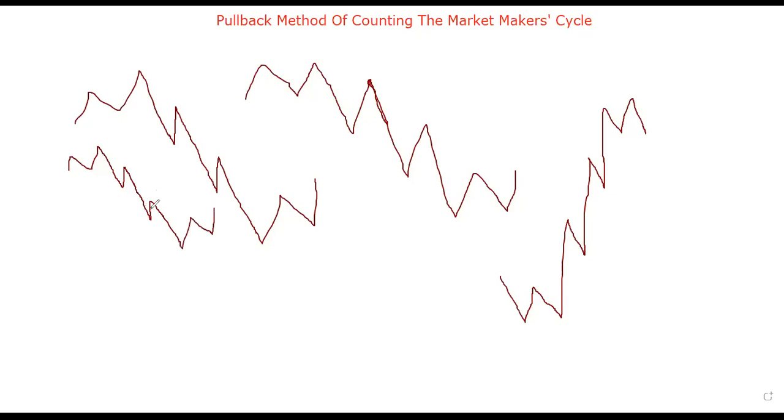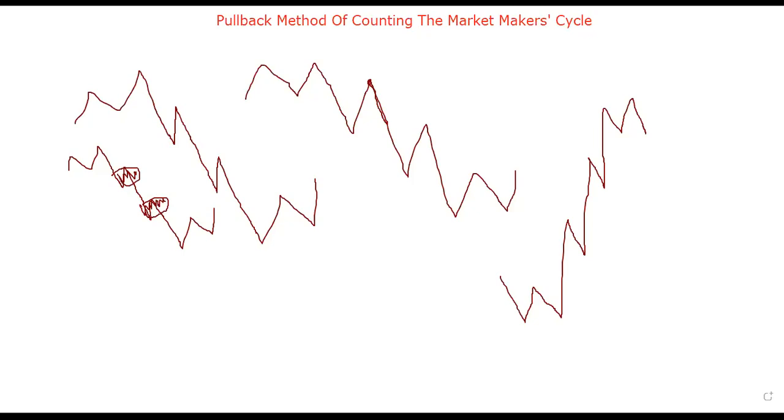Now this area sometimes won't consolidate for a very long time. You just see the pullback, and the market will continue its normal movement. So that is what we see as pullback in counting the mechanical cycle.